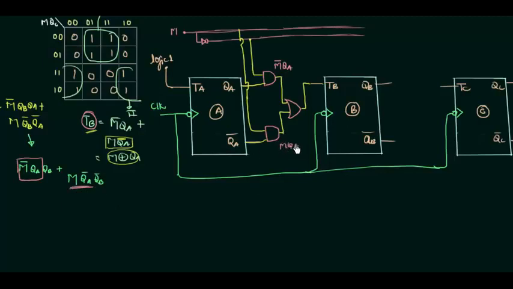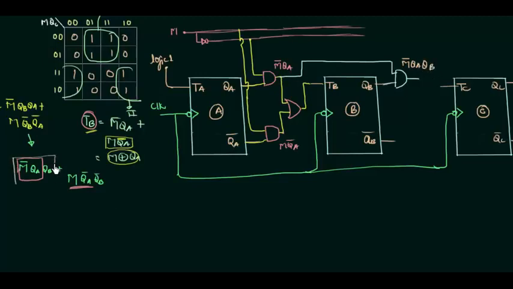So what I can do, I will take this output and give it to the AND gate, so that the output of this AND gate is nothing but M complement QA from here, you can see, and this is QB.